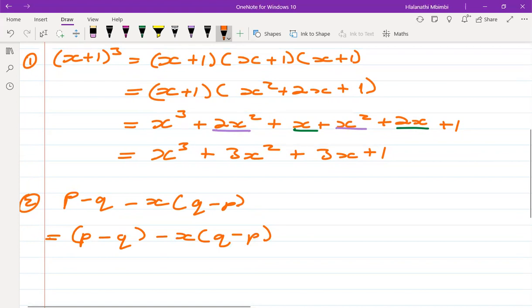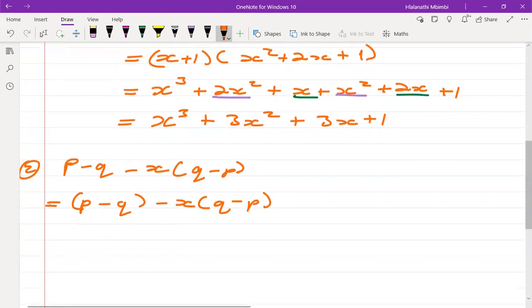So at this point, you can realize something, and that is you can take out a common factor, right? So wait, hang on. Ideally you would want to take a common factor, but these don't look the same. You have p minus q and q minus p.